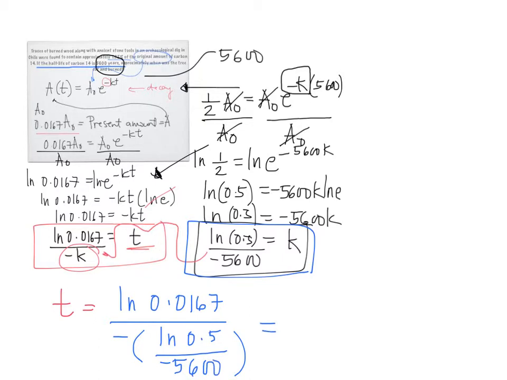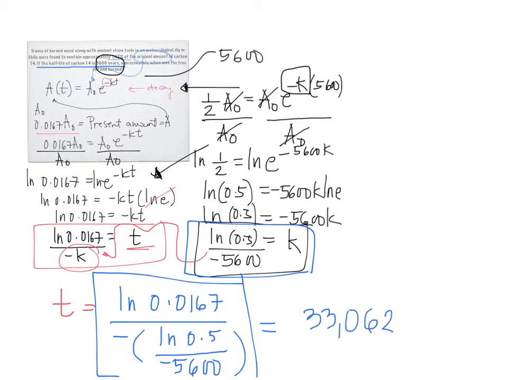If you compute for this value, that will give us the value for t. So you need your calculator to do this. This is approximately 33,062.44, but we want whole numbers, so 33,062 years.